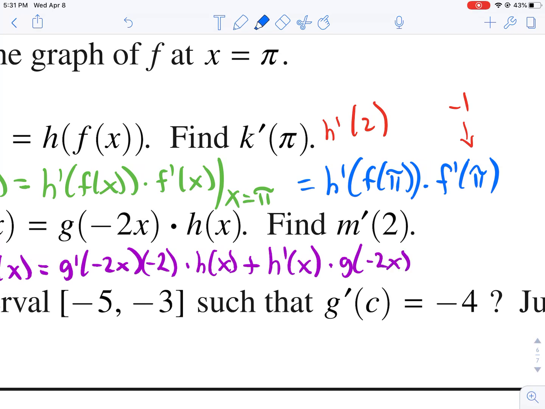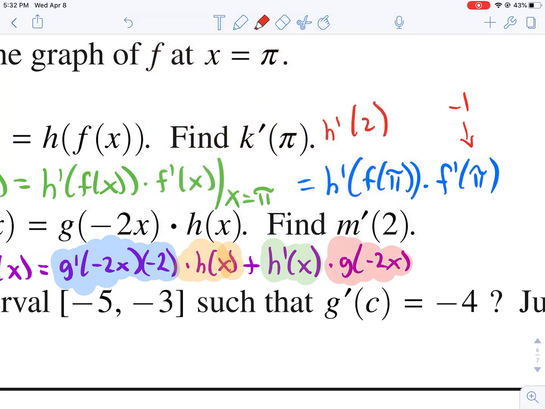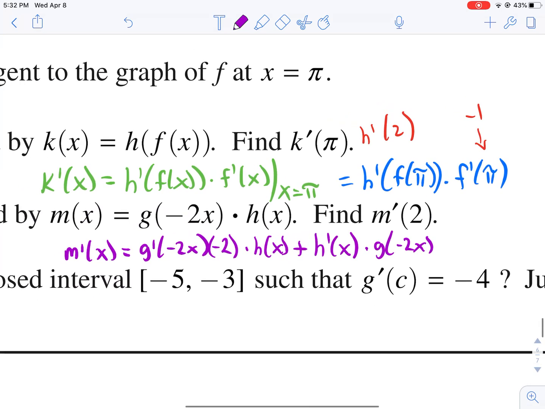So this right here is all my u prime, and then this was v, and there's my plus sign in product rule, plus v prime times u right there. Okay, I'm going to erase those because they bother me when I'm trying to do the work.